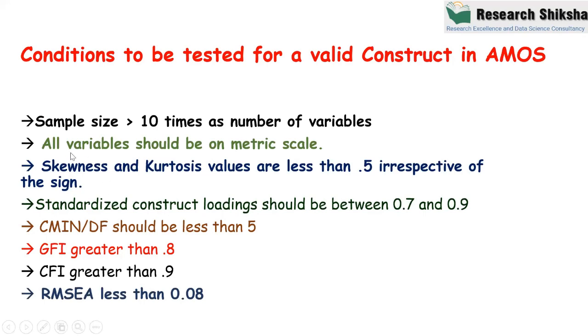All variables should be on either the interval scale or the ratio scale. And a desirable condition is that skewness and kurtosis should be less than 0.5, because if they are less than 0.5, it represents the presence of normality in the data. And standardized construct loading should be between 0.7 and 0.9, as I told you.